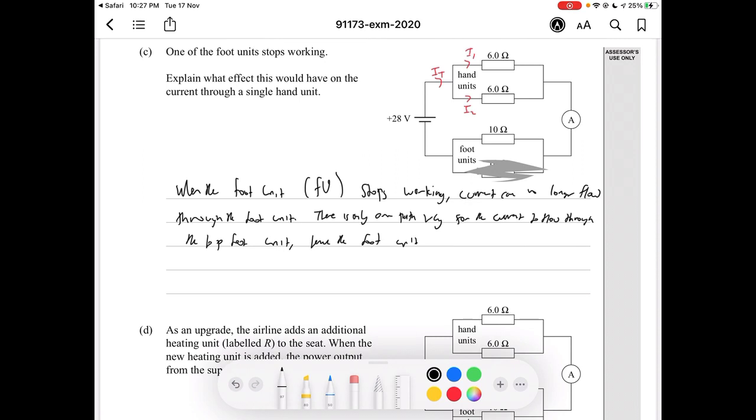So hence the top foot unit is connected in the circuit in series.